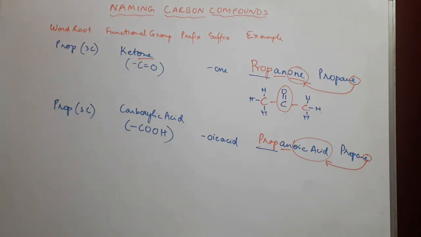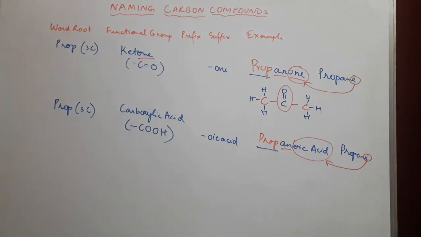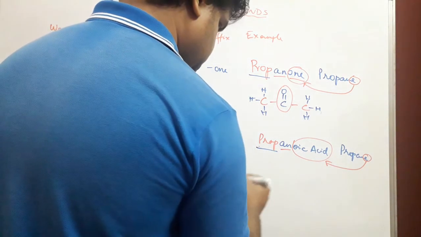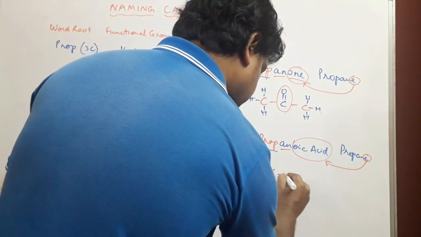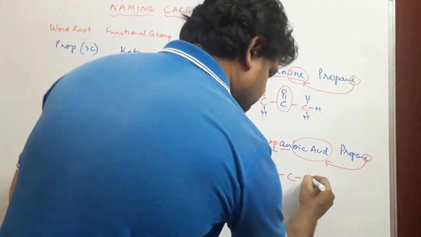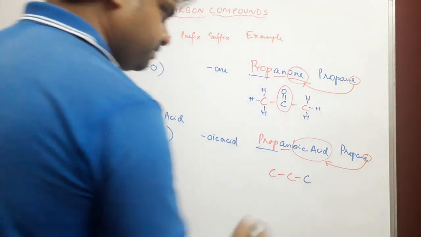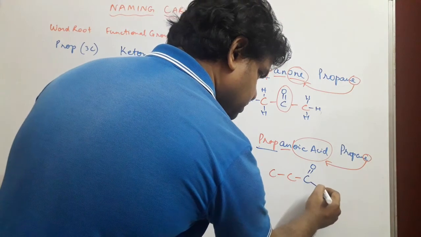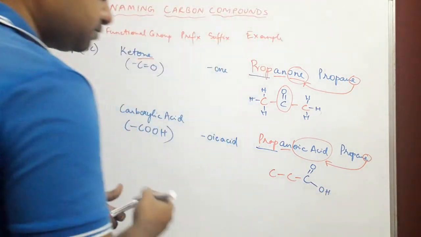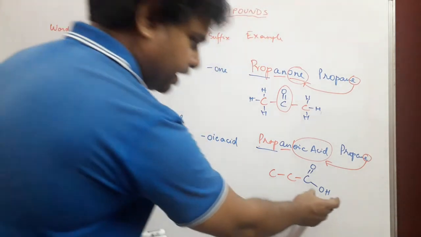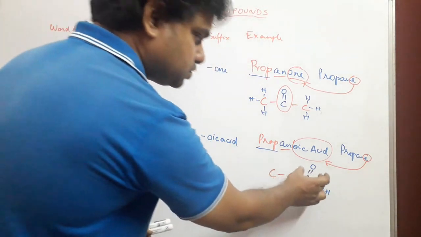To draw the structural diagram, it will look something along these lines. So we put down the 3 carbon atoms, except the one at the end, because it's part of the functional group. I'll mark it with C, with a double bond O and a single bond to OH group. So this is more like a combination, you can say, of alcohol group and also the ketone group.